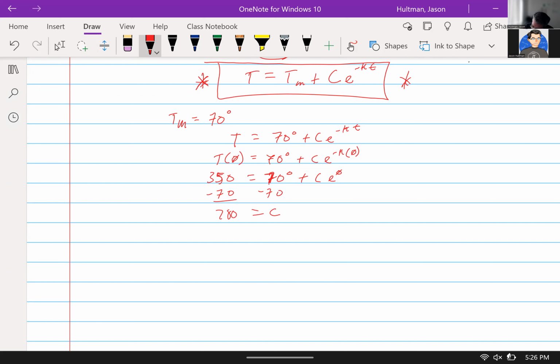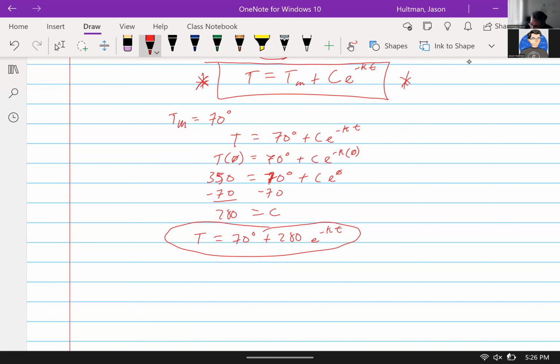So for this particular scenario, we get T equals 70 degrees plus 280 times e to the negative kt. So this is basically a particular solution.